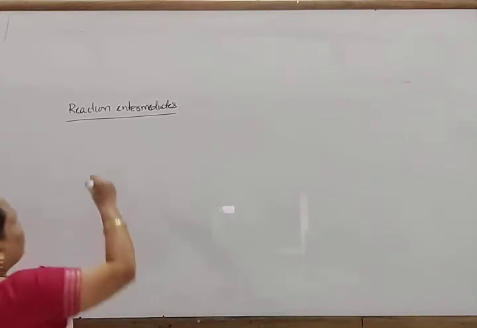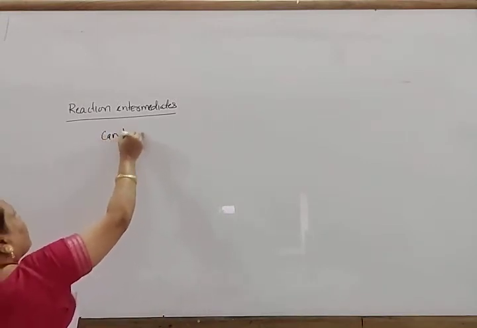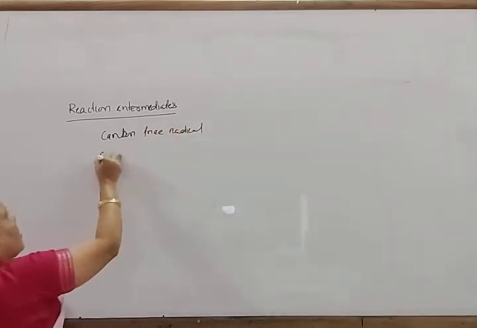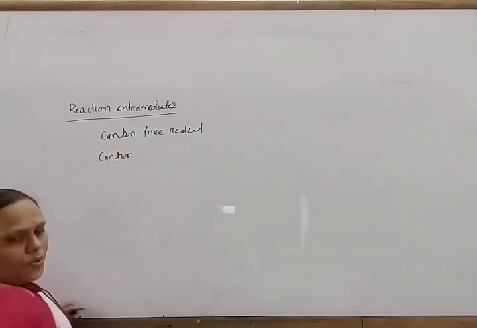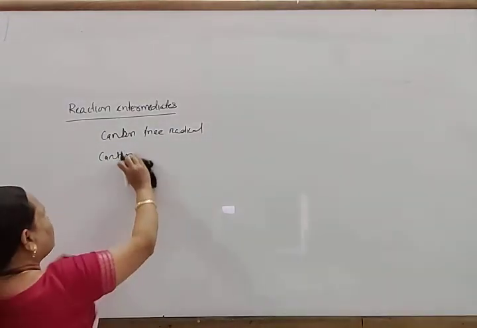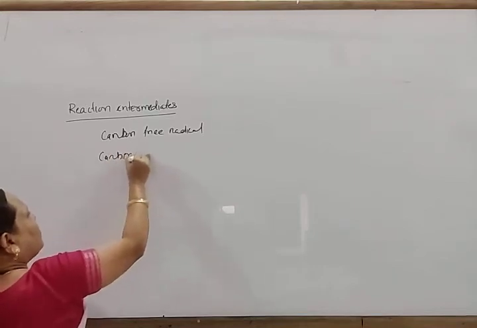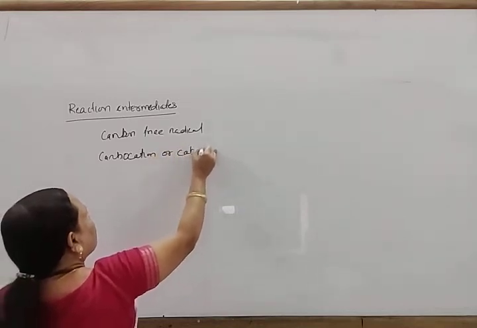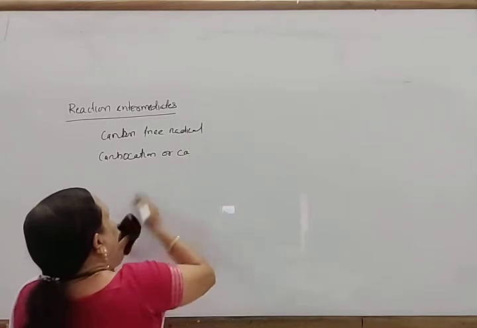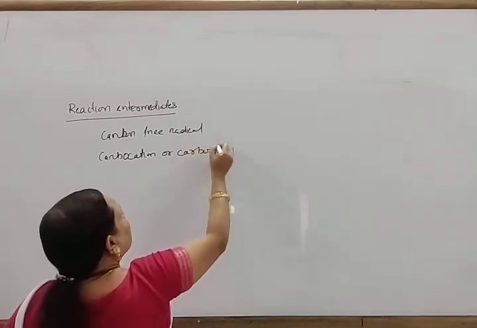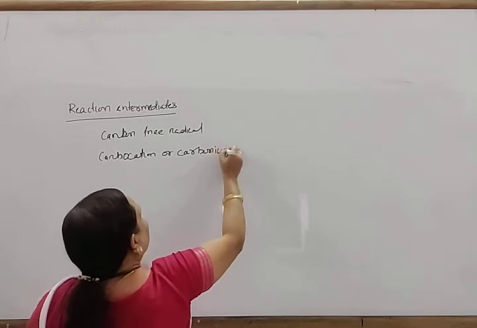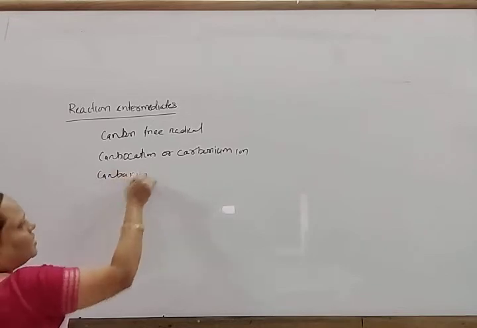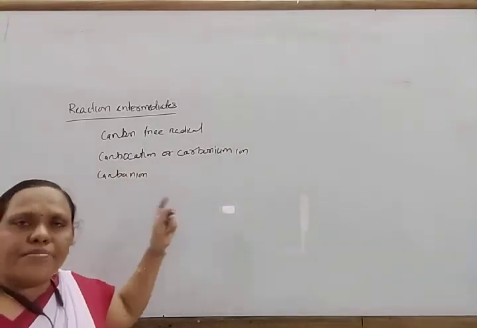So there are three types. One is the carbon free radical, another is the carbocation or carbonium ion, and another is the carbanion or carbanium.